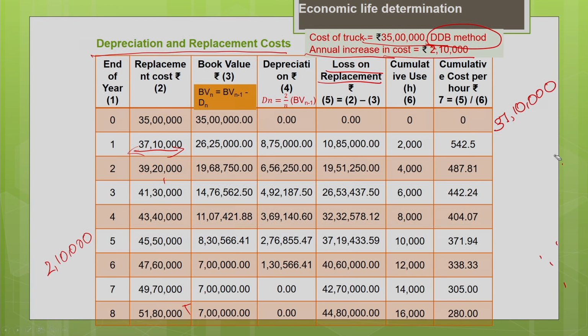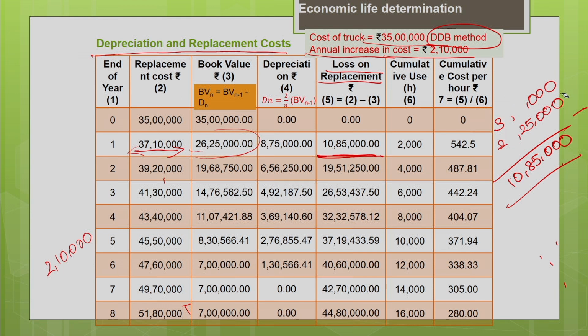But at the end of the first year, if I replace my old machine with a new machine, the inflow I can get is only 26 lakh 25,000, because your machine has depreciated. The difference, 37 lakh 10,000 minus 26 lakh 25,000, is your loss. The loss is 10 lakh 85,000. This is your loss on replacement if I replace a machine at the end of the first year.